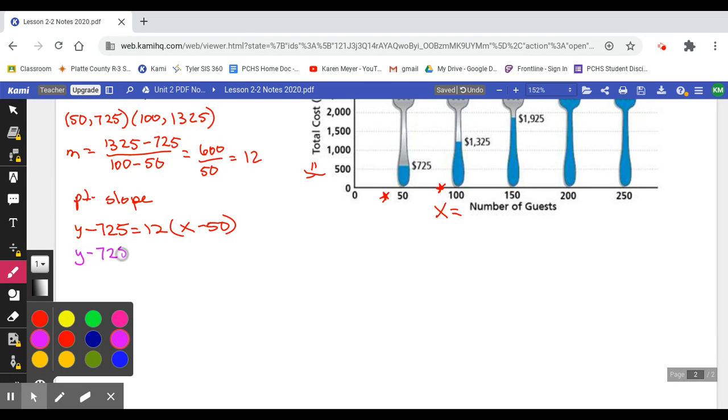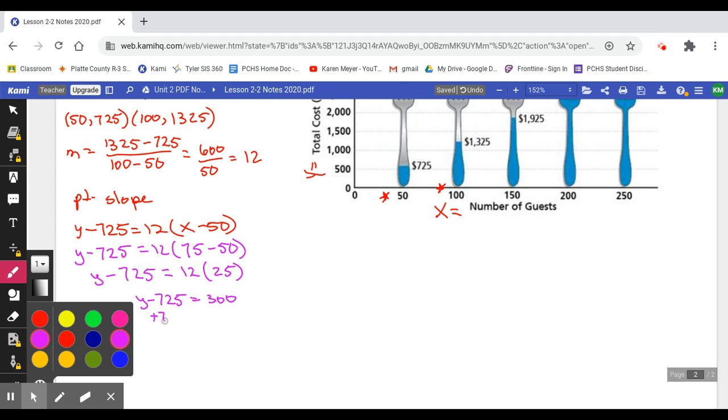So y minus 725 equals 12 parentheses 75 minus 50. Inside the parentheses, 75 minus 50 is 25. So y minus 725 equals 12 times 25, which is 300.